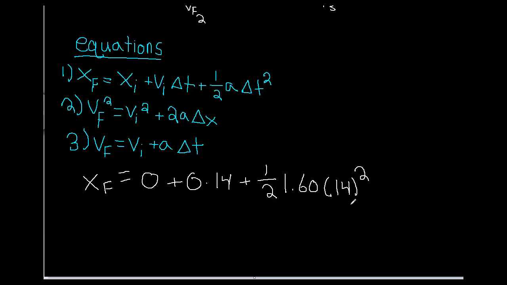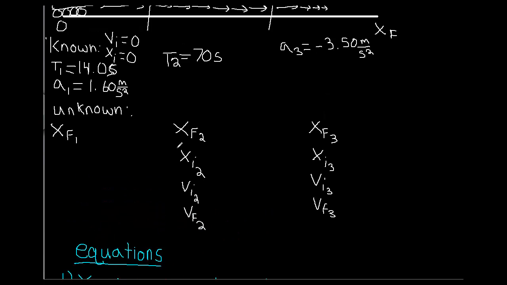So a simple calculation there, it comes out to be equal to 156.8, and this is in meters. So now we actually have x, the final position here. You can fill that one in.